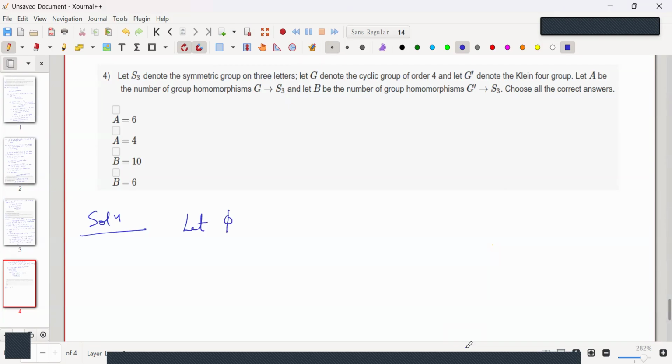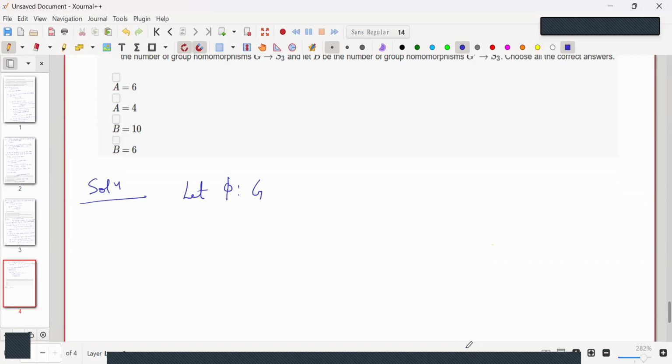Since G is cyclic, I know that the identity maps to identity anyway. The cyclic group is of the form a, a squared, a cubed. If I know what a maps to, then I know where the rest of the elements are mapping.